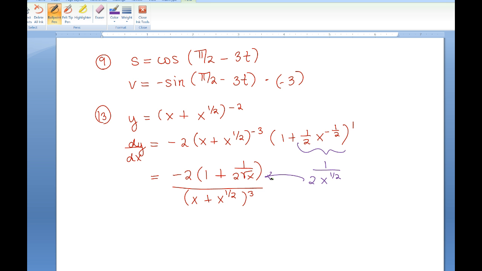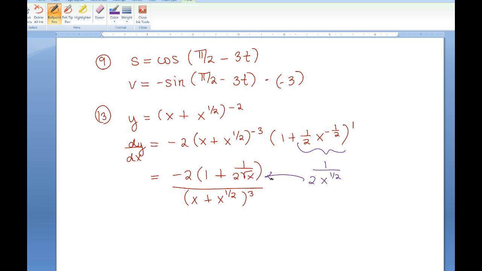If we do all of that, we do a 1 over that, and then we multiply it by 1 over 2x to the 1/2, why isn't it 2x to the 1/2 on the bottom, in the denominator?